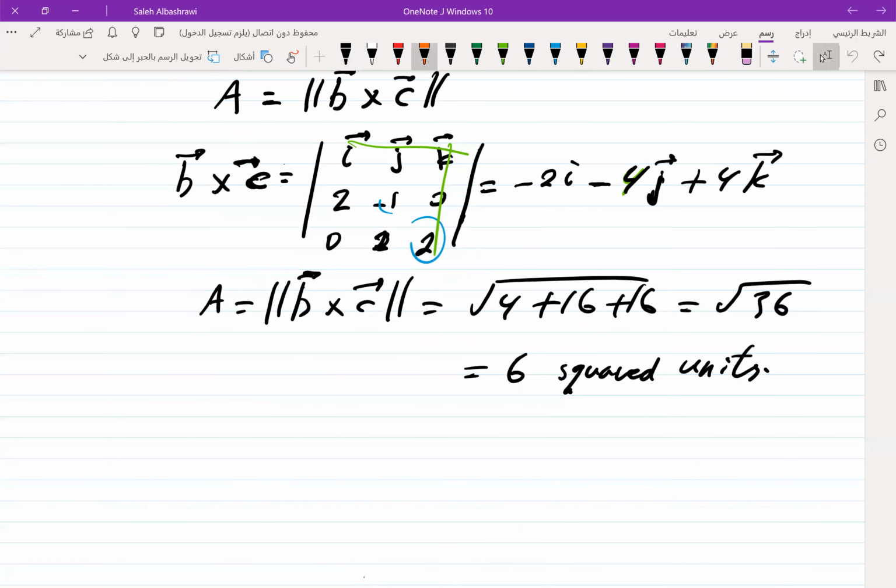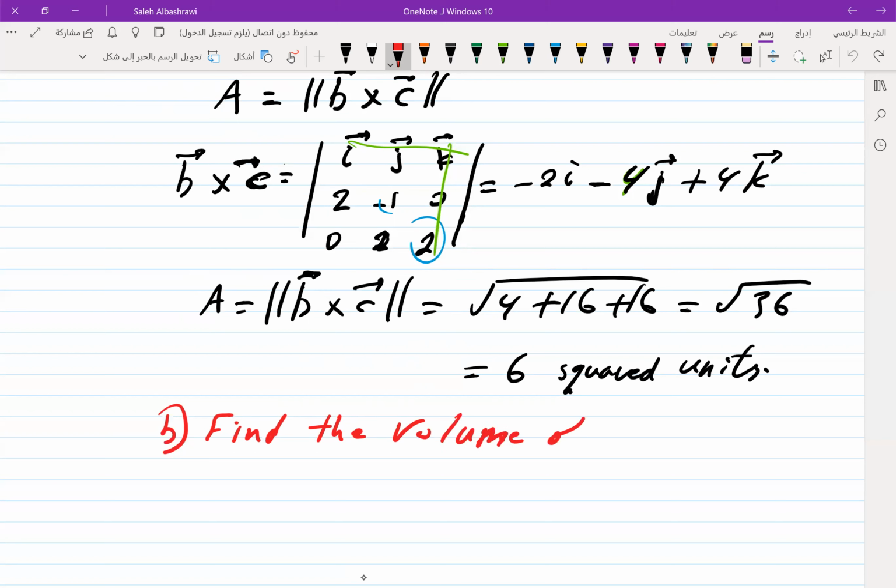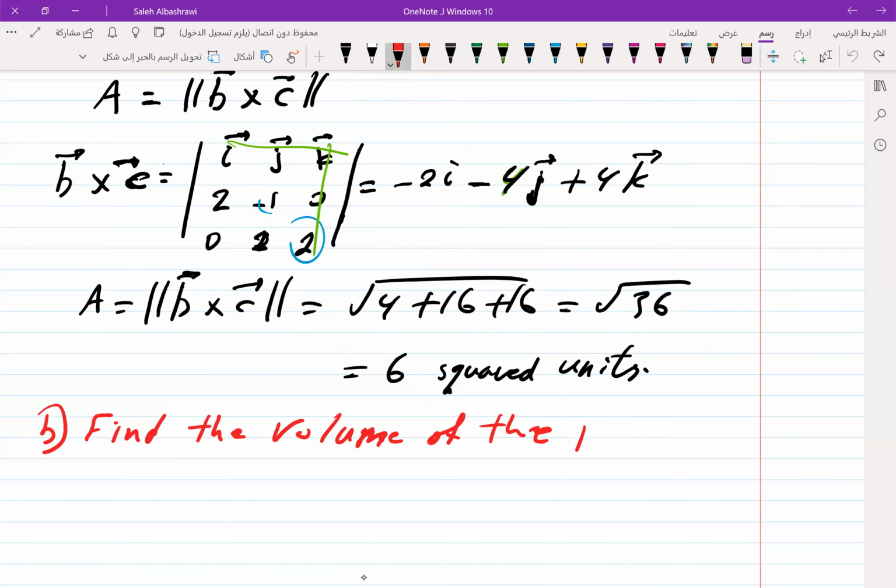B, find the volume of the parallelepiped.